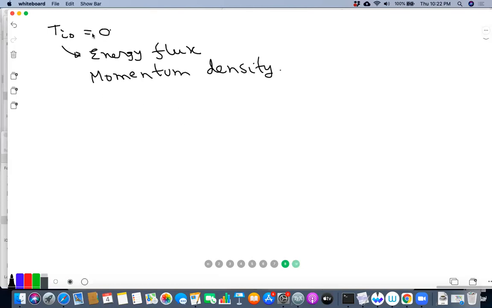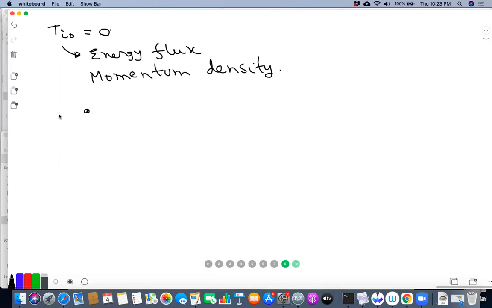The vanishing of this is basically telling us that if you think of this T^μν being produced by some kind of fluid, which contains, for example, all the matter and all the radiation in the universe, then the momentum density is 0. That means that in a given region, the matter that flows from left to right, on the average, balances out the matter that flows from right to left.